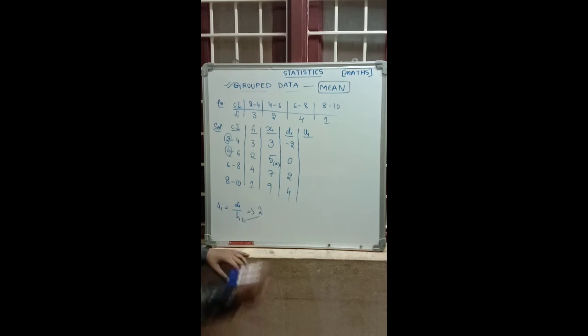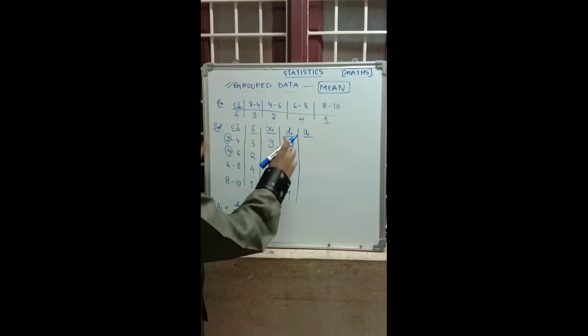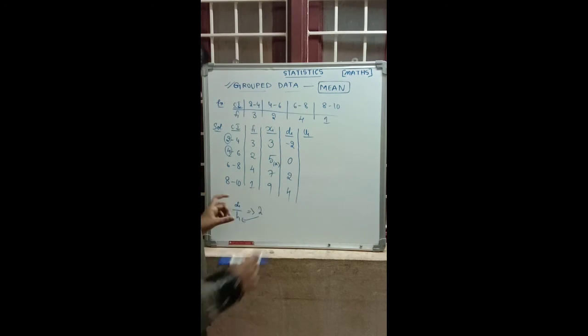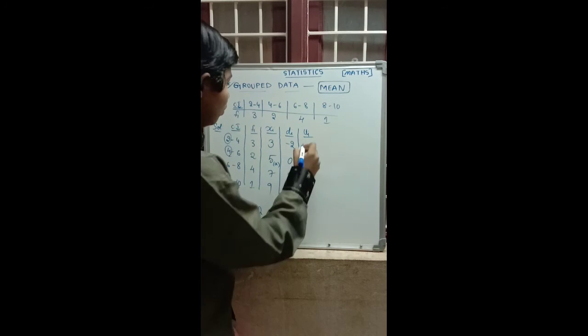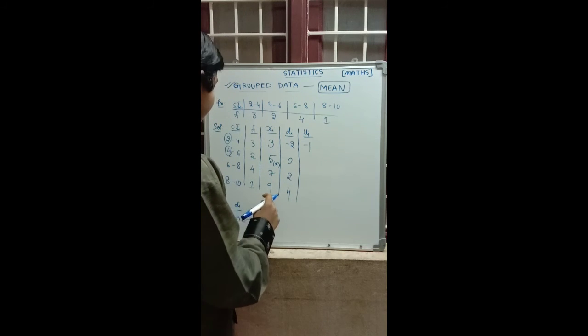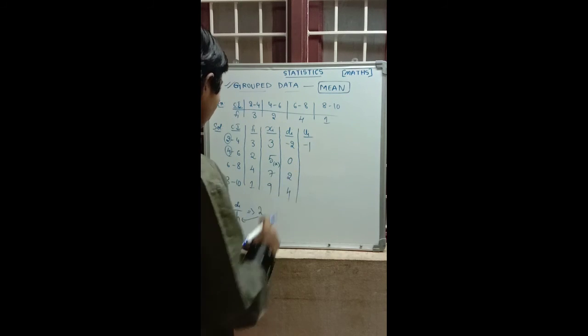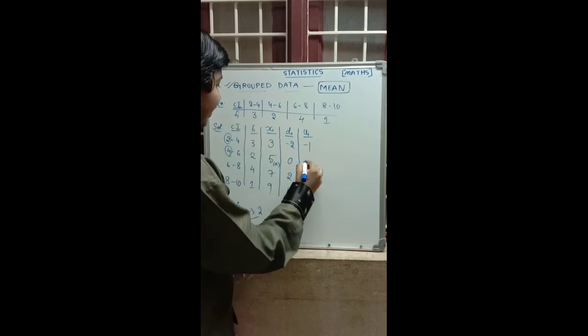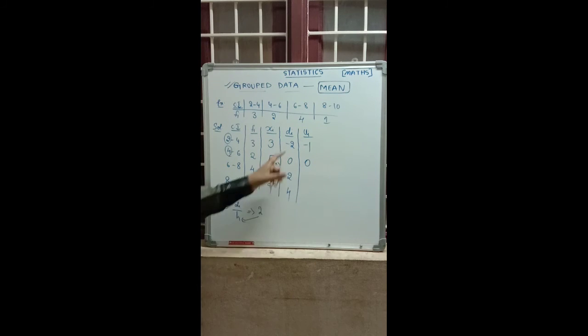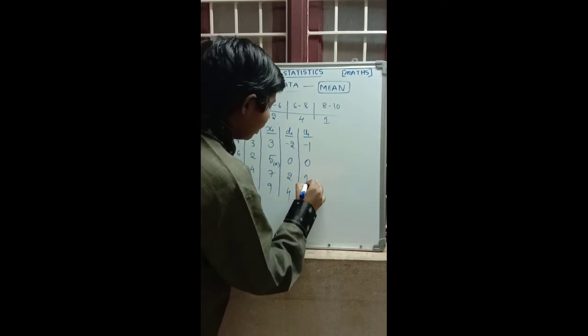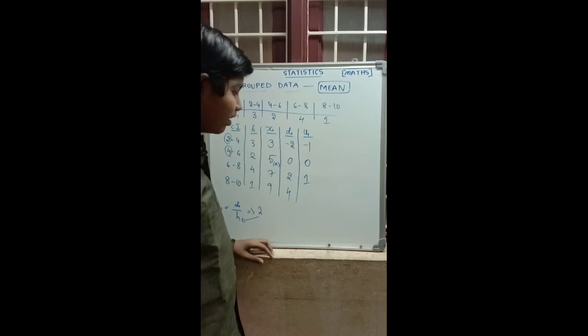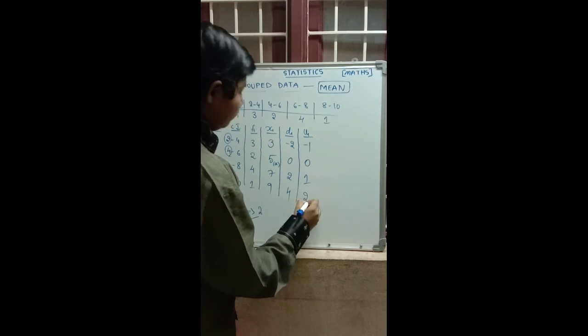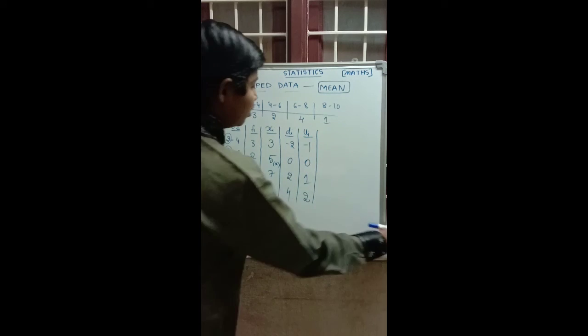H is 2 here. That is the class size. Class size is 2 for all the terms. Di is minus 2, minus 2 by 2, minus 1. Di again 0, 0 by 2, it is 0. Di 2, 2 by 2, 1. 4 we are taking at the last, 4 by 2, it is 2. We have got the ui values also.